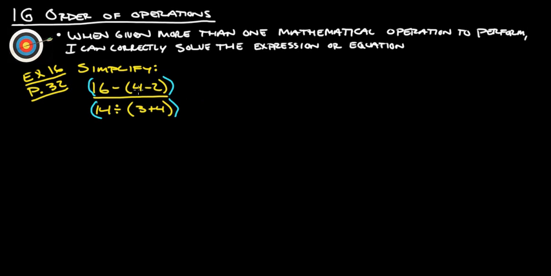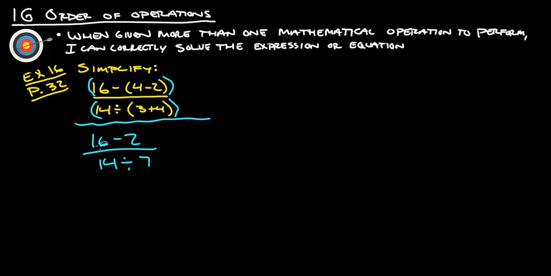So, top piece. First part I have to do is the parentheses. So I'm going to do my 4 minus 2, which gives us 2. So 16 minus 2. And then on the bottom, we can simplify that for starters if we want. So 14 divided by 7.